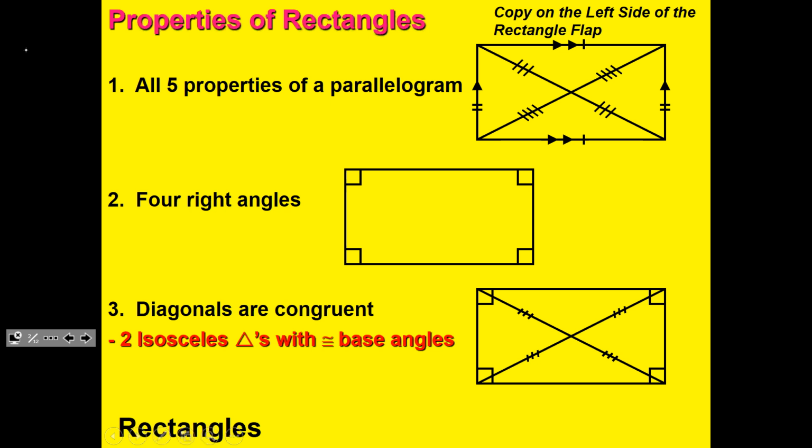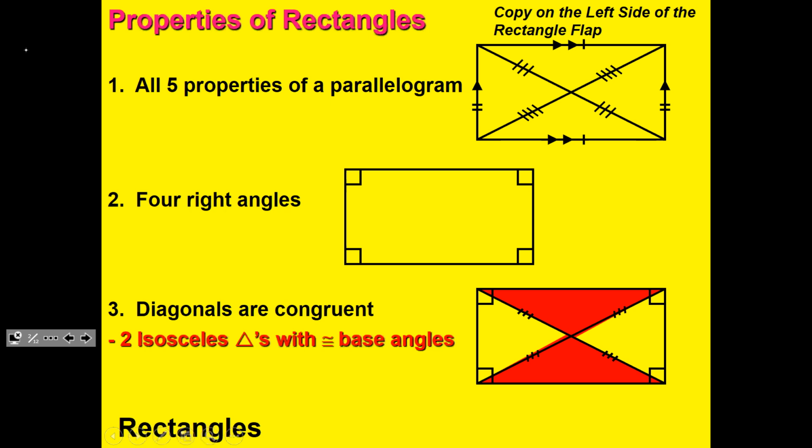So this is going to form 2 isosceles triangles with the base angles. All right? So remember, an isosceles triangle has 2 congruent legs and therefore 2 congruent base angles. So there those are, top and bottom.